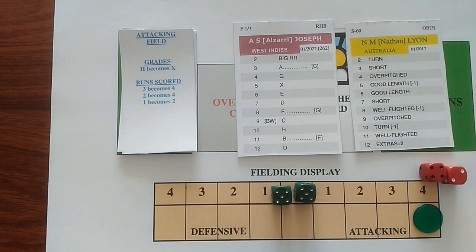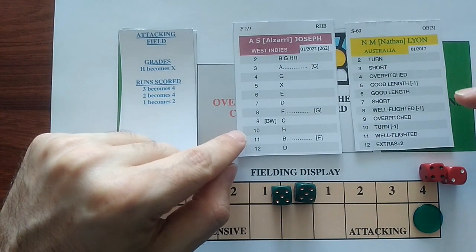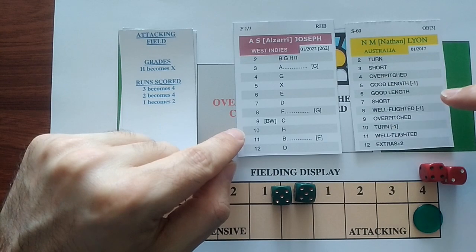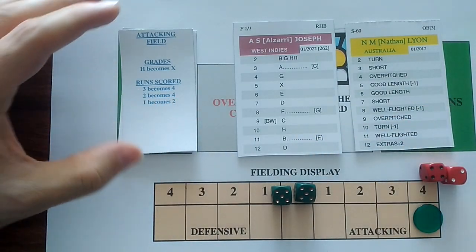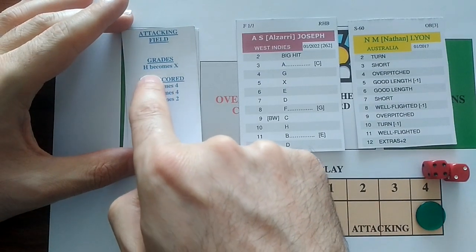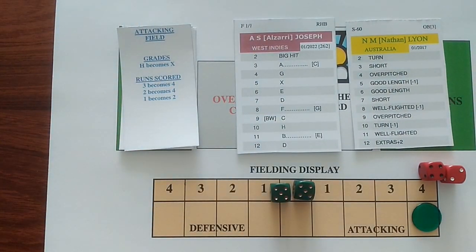Say it came up as a 10. We can see the 10 here for the selection against the good length ball is an H. Now H on the attacking field card says an H becomes an X. And if you look at an X, well, definitely on a good length ball, there's a chance that there's going to be a dismissal there.